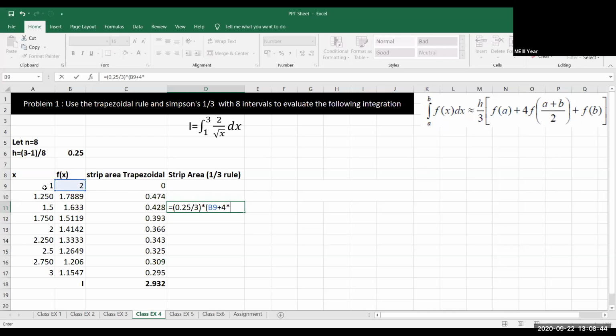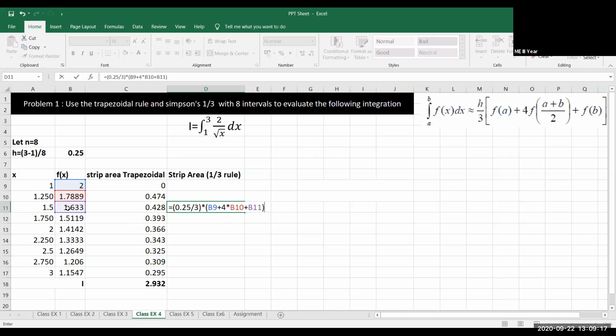This will be the lower limit a and this will be the upper limit b, and this is nothing but the a plus b by 2 middle term. So in place of f of a plus b by 2, just select this one, into plus fb value, which is this one.